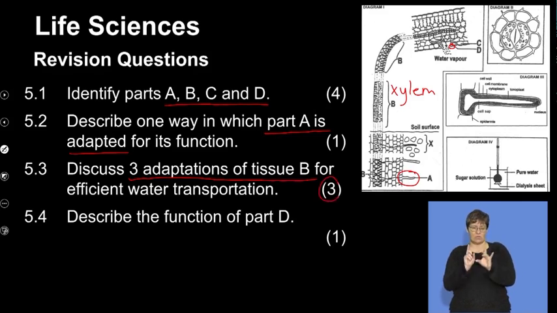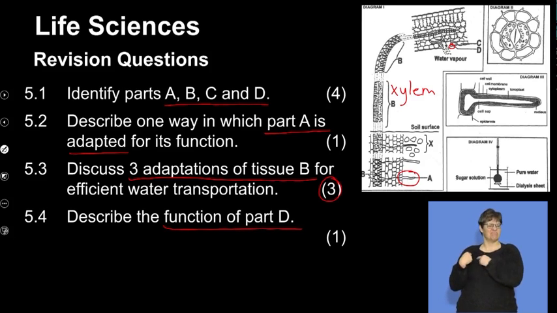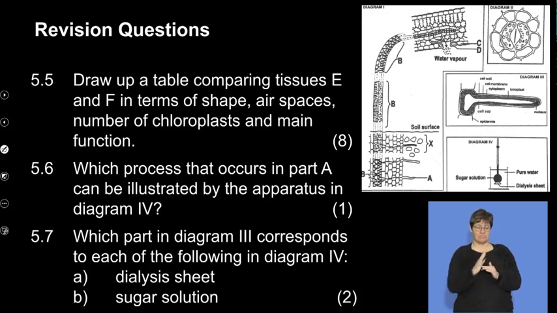Any 3, because it's out of 3 marks. Then, describe the function of part D, and part D is the stoma, and you would simply say it opens and closes to be able to let water out of the leaf or to let gases into the leaf.